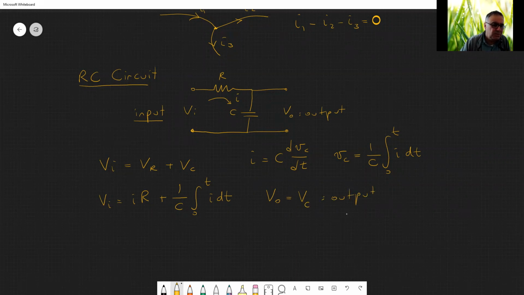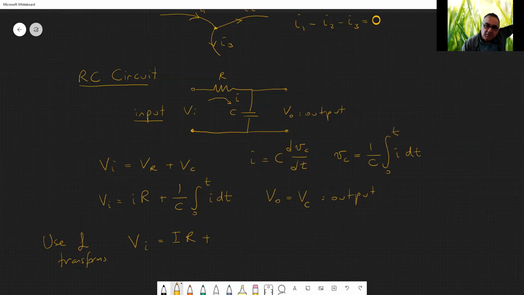You can deal with it by taking derivatives and so on, but it is easier if you just convert everything to use Laplace transforms, because then you convert everything to algebraic equations. So VI is IR, R times I, plus the integral.